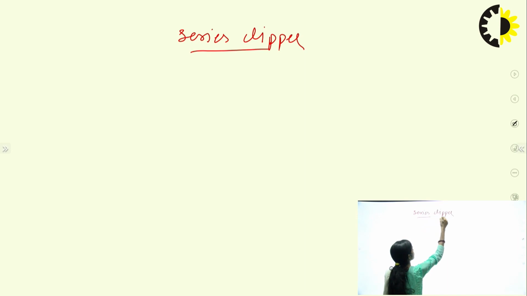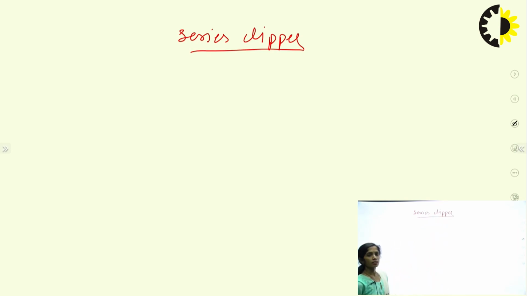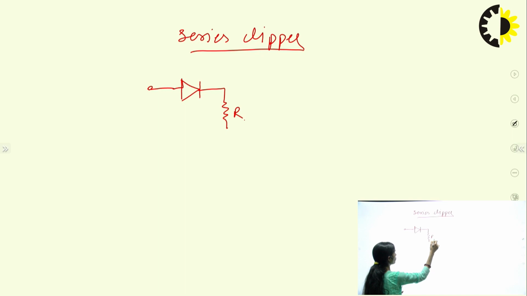Series clipper without biasing. In this we are going to use the arrangement of the circuit. We will use the diode in series configuration, and the resistor is taken as load, and we will give the input at this end.